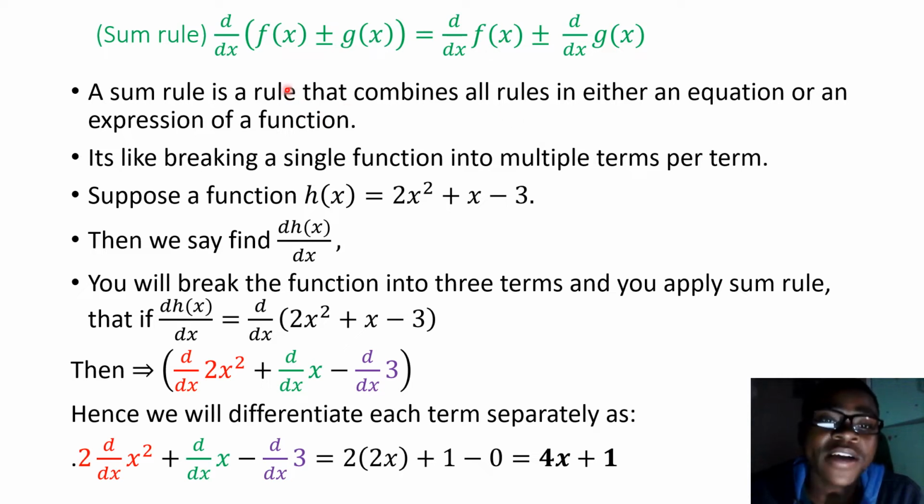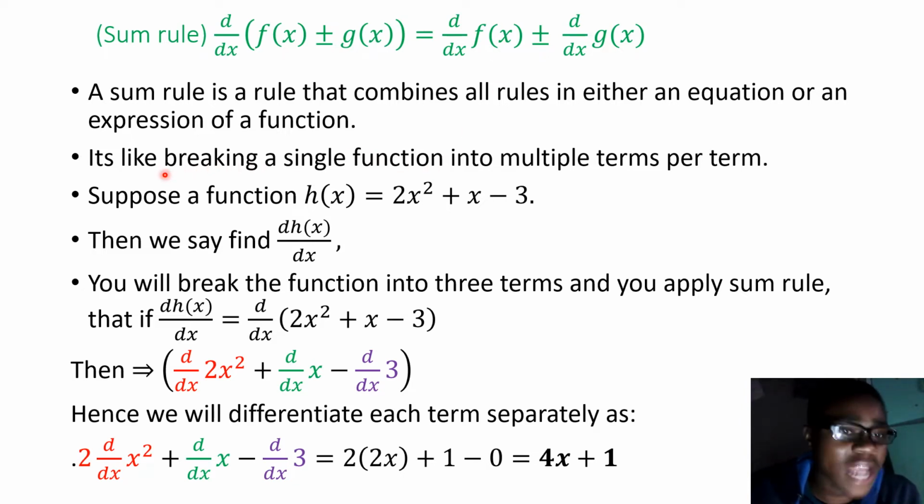Then we'll have d/dx of f of x, plus d/dx of g of x. Whether negative or positive, that does not matter. The sign does not matter. That's still summation. That's still the sum rule.